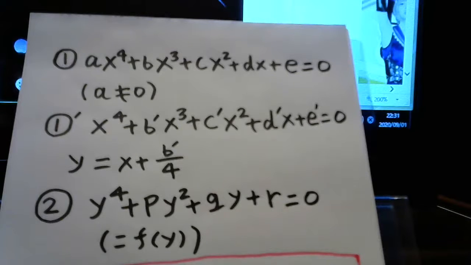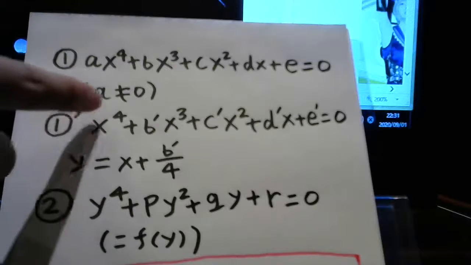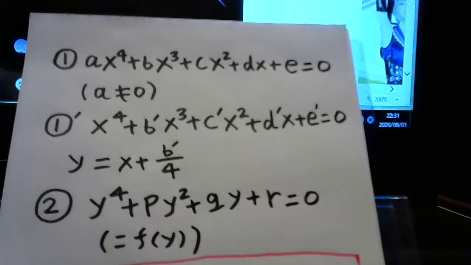The equation is as such: ax to the fourth plus bx cubed plus cx squared plus dx plus e is equal to 0, where a is not equal to 0.